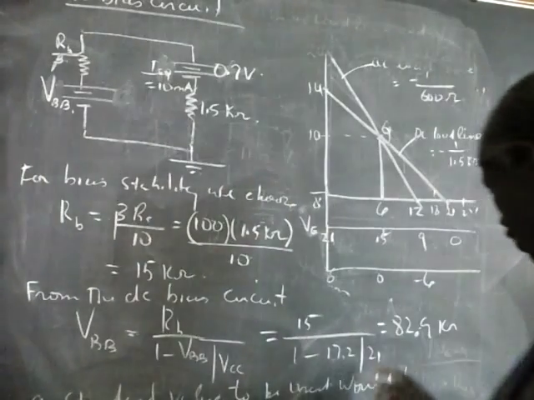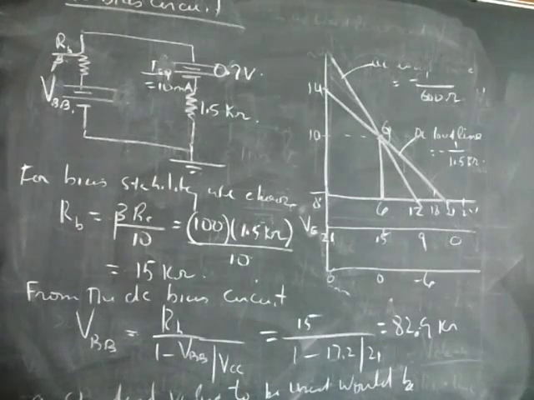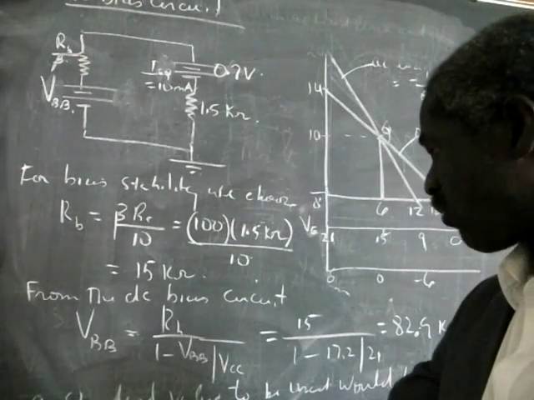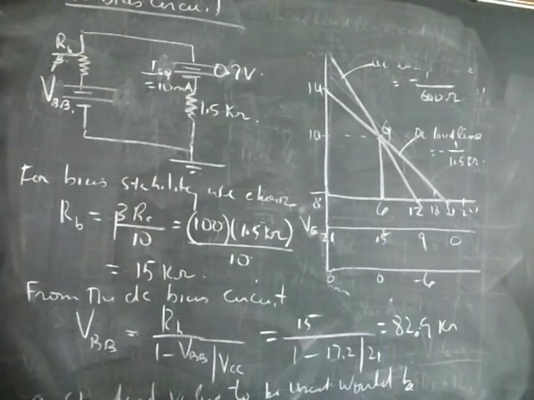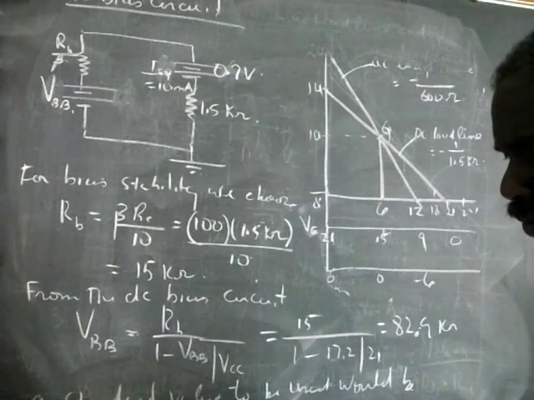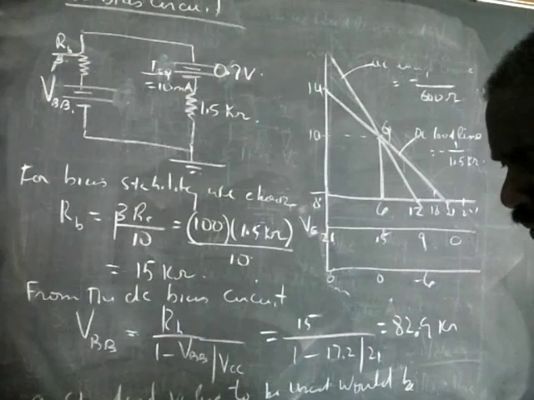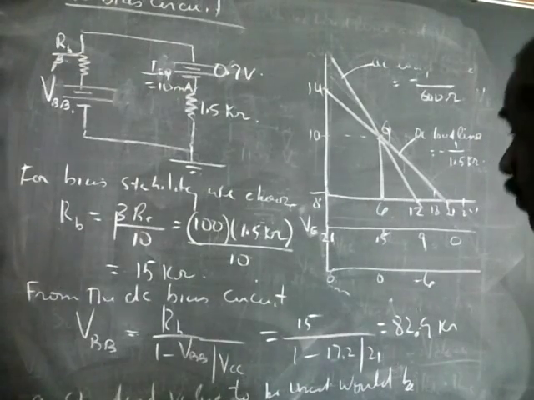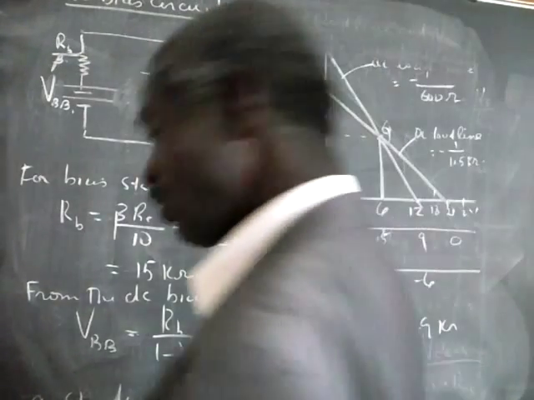We plug in values, we get 82.9, and we chose for standard value R1 equals 82 kilo ohms and RB equals 18 kilo ohms.